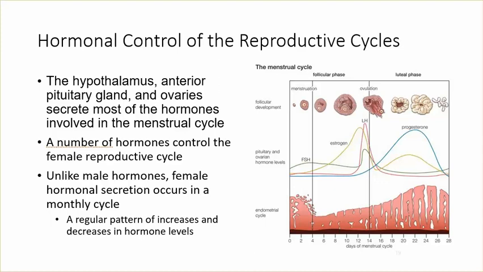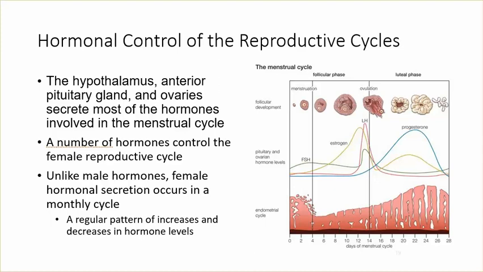So estrogen levels go up. By the time we get to the Graafian follicles, the estrogen levels are very high. Now, the estrogen causes the endometrium of the uterus to grow. We call this the proliferative phase because the cells are proliferating, and the endometrium gets thicker and thicker.